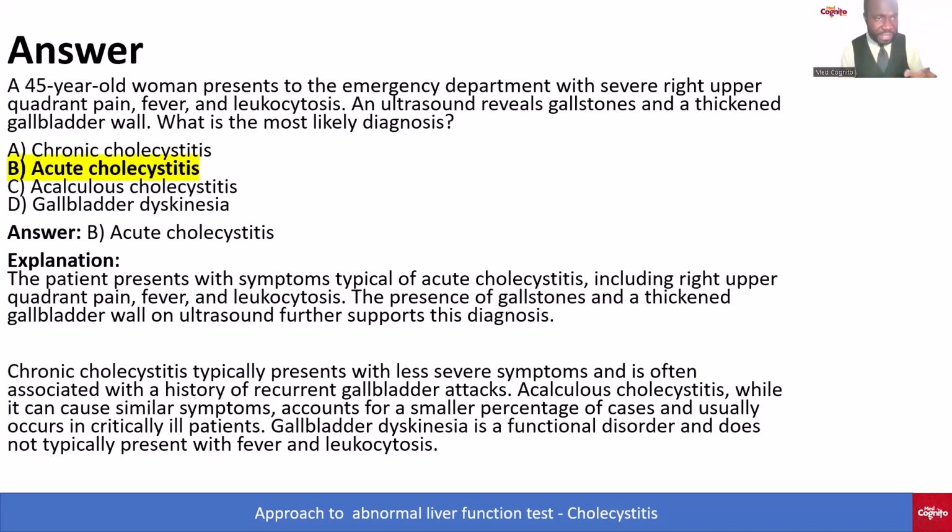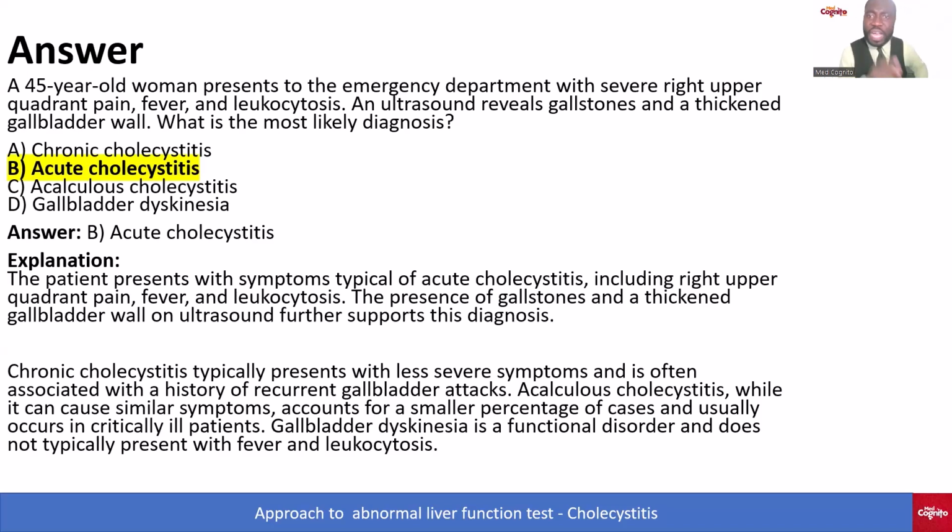And the reason is very simple. The patient presents with symptoms typical of acute cholecystitis. And you may ask, why am I saying that? Including right upper quadrant pain, fever, and leukocytosis.